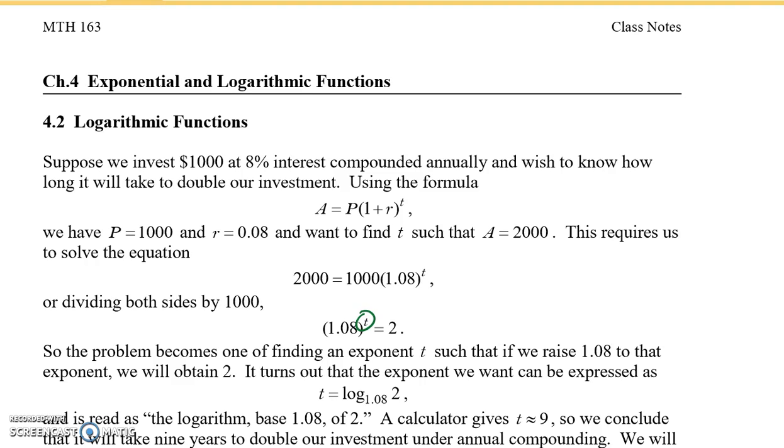Well, it turns out that the exponent we want can be expressed as what we call a logarithmic expression. T equals log base 1.08 of 2. This represents the exponent 1.08 should be raised to give us the number 2.